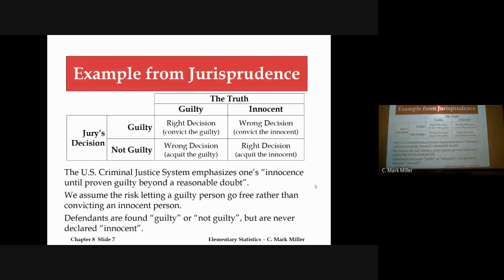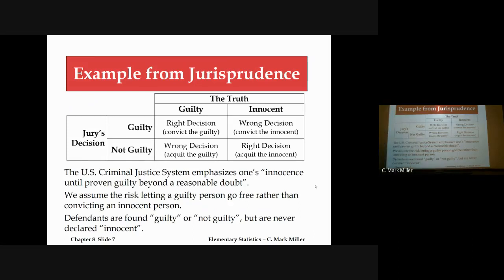But there are two kinds of wrong decisions. One is he's found not guilty by the jury, but the truth is he really did steal the calculator. So you've acquitted the guilty. That's an error, a wrong decision, and we don't like to see the guilty people get off.